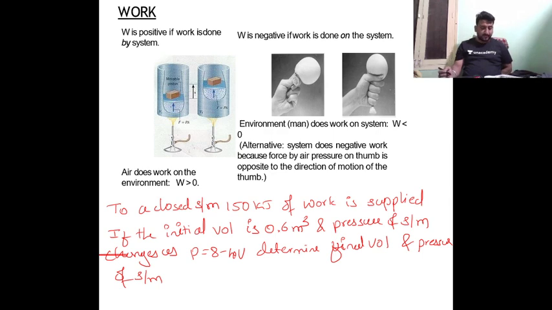To a closed system, 150 kilojoules of heat is supplied. That means work is negative here. If the initial volume is 0.6 meter cube and P equal to 8 minus 4V, determine the final volume and pressure of the system.